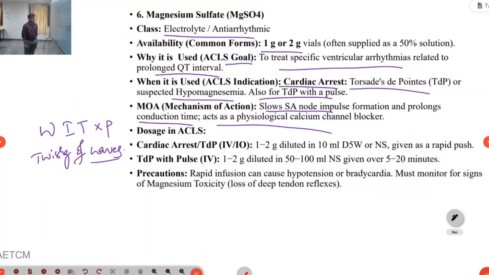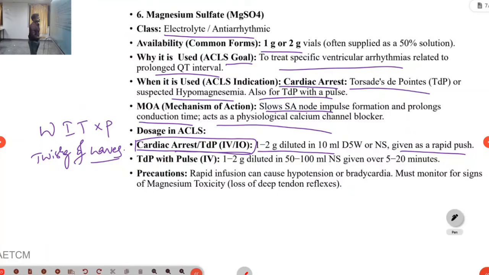Dosage in the case of ACLS, in cardiac arrest with torsades de pointes, is 1 to 2 gram IV diluted in 10 ml of dextrose or normal saline, and we can give it as a rapid push. The dosage of magnesium sulfate is 1 to 2 gram IV, and this is especially in the case of cardiac arrest.